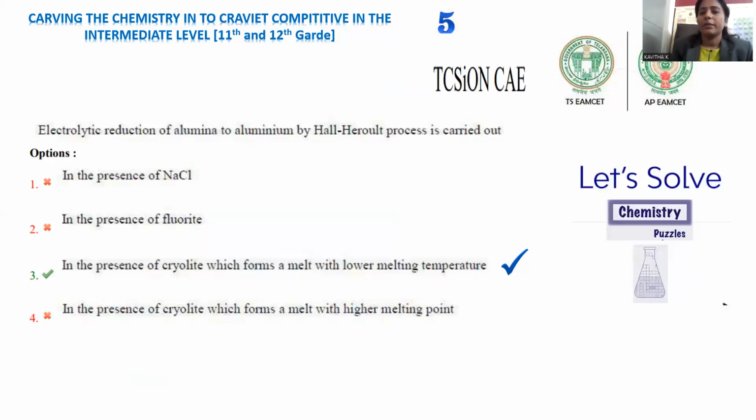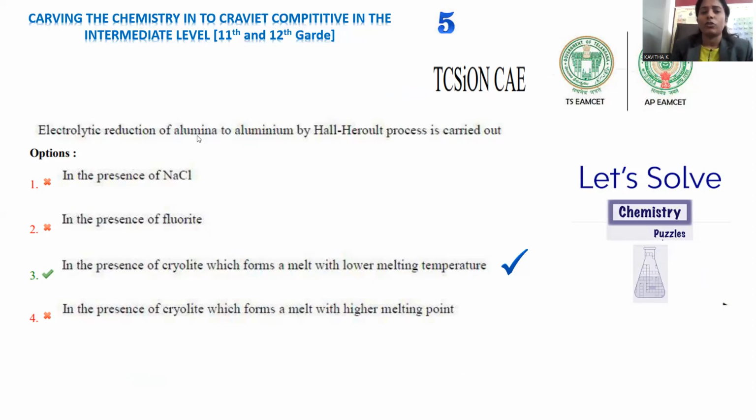Question number 5 is collected from the Gurukulam degree lecturer question paper. Electrolytic reduction of alumina to aluminium by the Hall-Héroult process is carried out. So here aluminium extraction is carried out by electrolytic reduction by applying current.